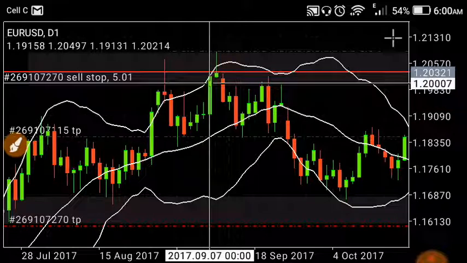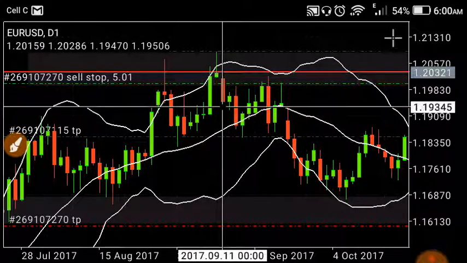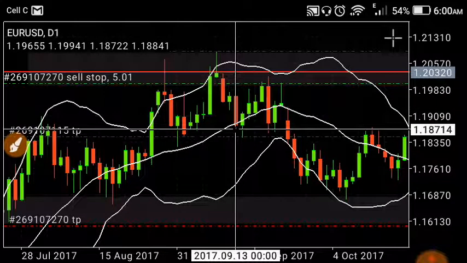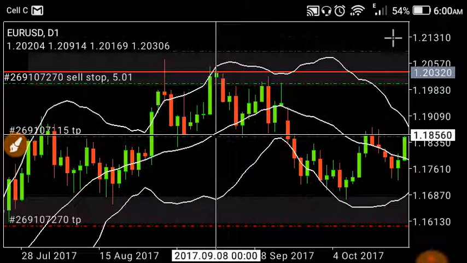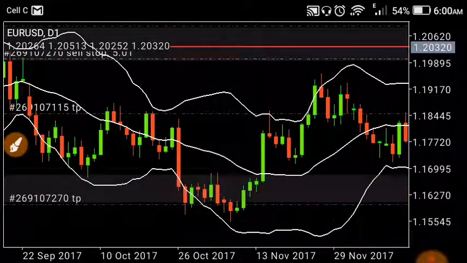In this case, had we taken this trade, we would have been immediately in profit within the next 3 days.